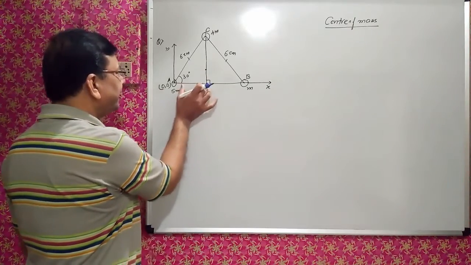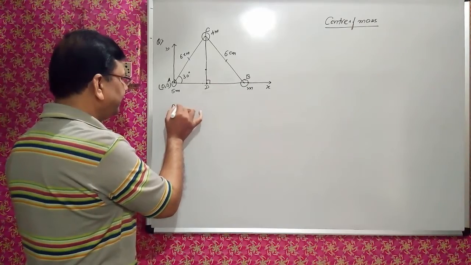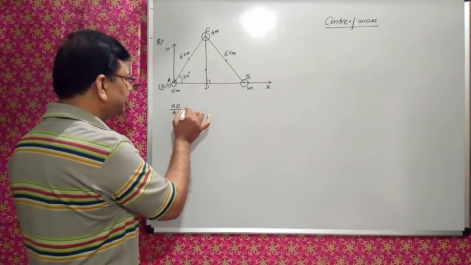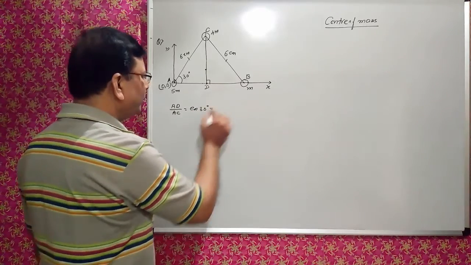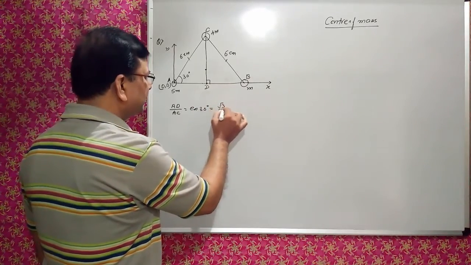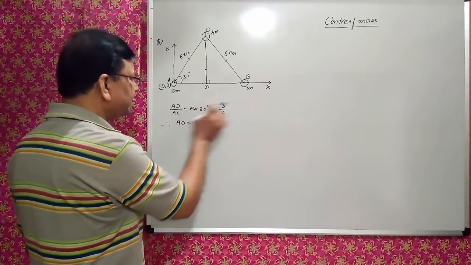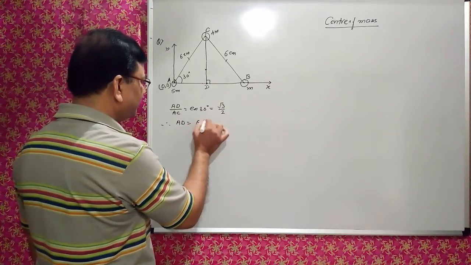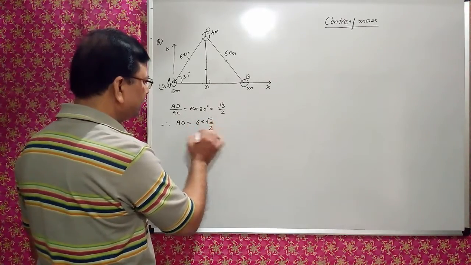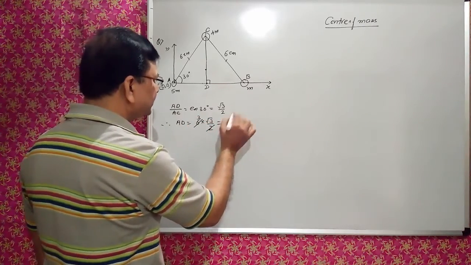So we can see AD upon AC is equal to cos of 30 degree. And cos 30 we know is root 3 by 2. Therefore, AD is equal to AC into this, and AC is 6. So 6 into root 3 by 2, that is, 2 goes 3 times, that is 3 root 3.